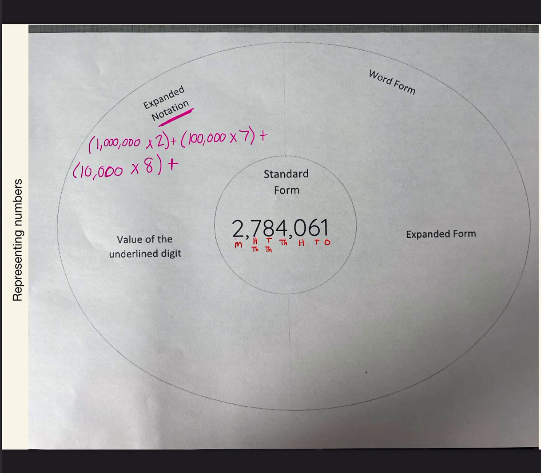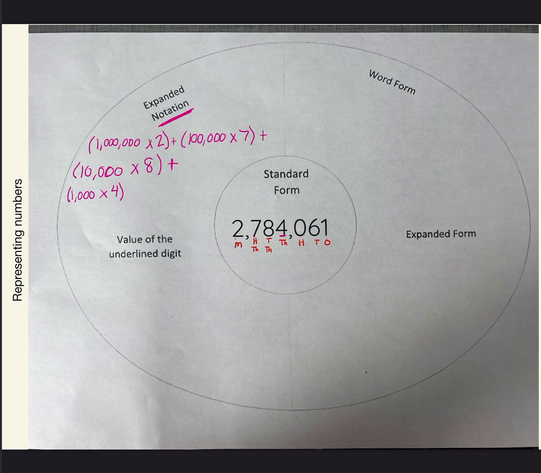Now I move on to my thousand spot, and I see that I have a 4. I know that 4 doesn't represent 4, but it actually represents 4,000. And to get my 1,000 to 4,000, it would be times 4.